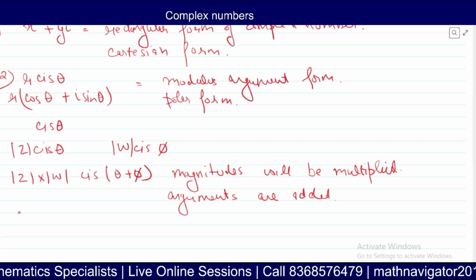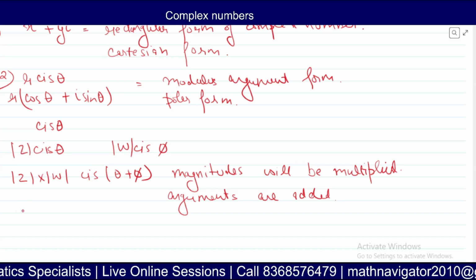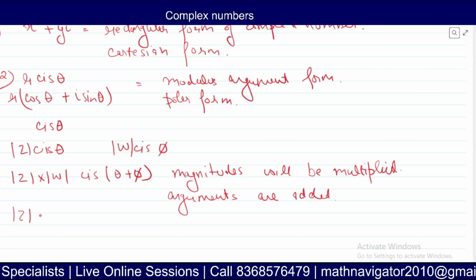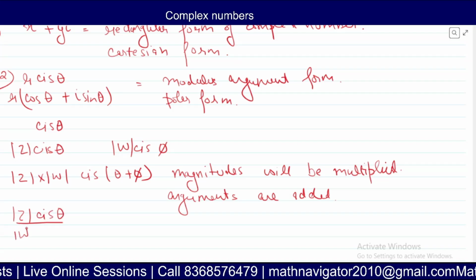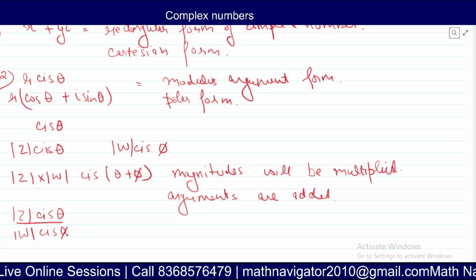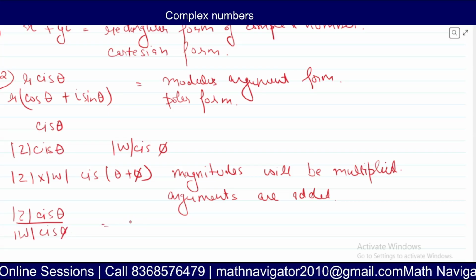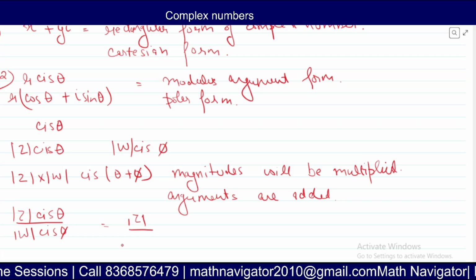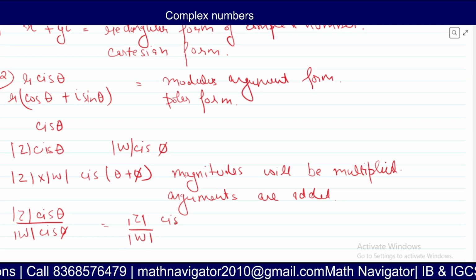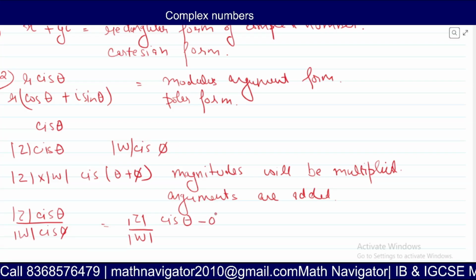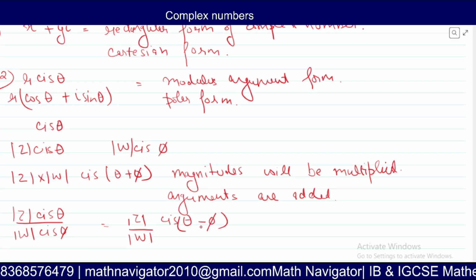Then we can also divide these two numbers. So if I divide z cis theta over w cis phi, then it becomes z over w cis of theta minus phi. Clear?